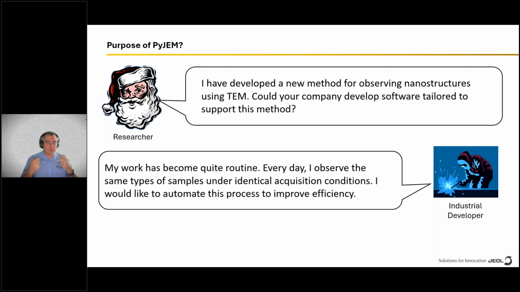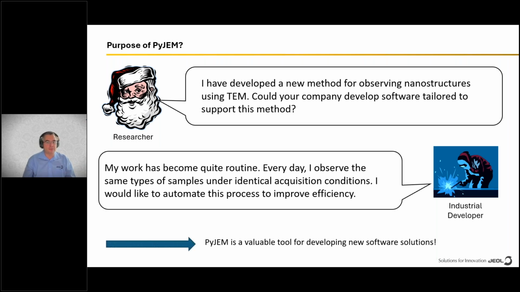And then you will force the microscope to execute the same script to follow the same recipe every single time. Again, in these scenarios, PyJEM is your friend. It's a tool that was created for you.